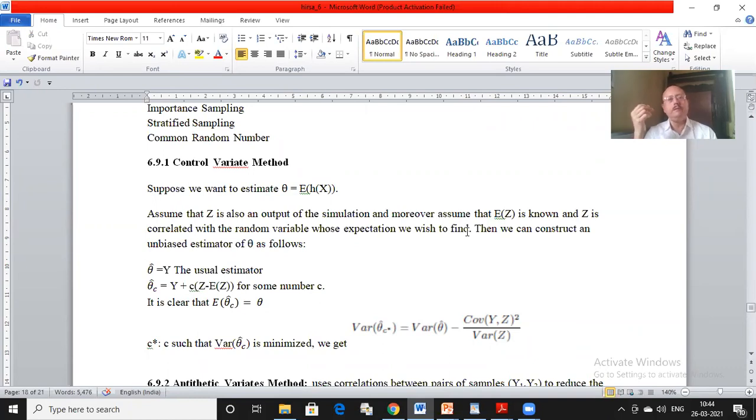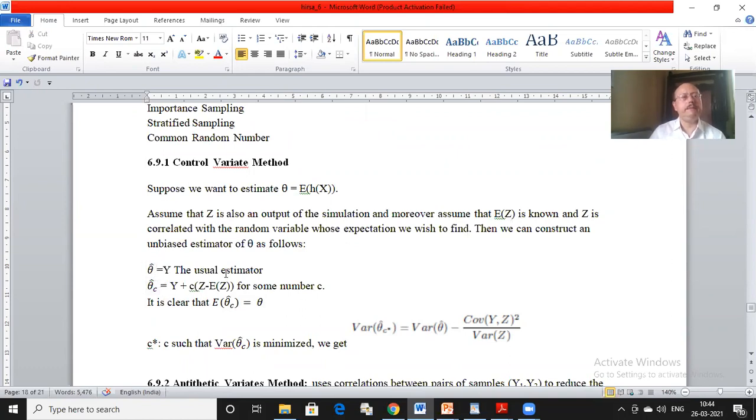And moreover, assume that, one, the expectation of Z is known, and two, Z is correlated with the random variable whose expectation we wish to find. So I have a target random variable, and Z is somehow correlated with it.